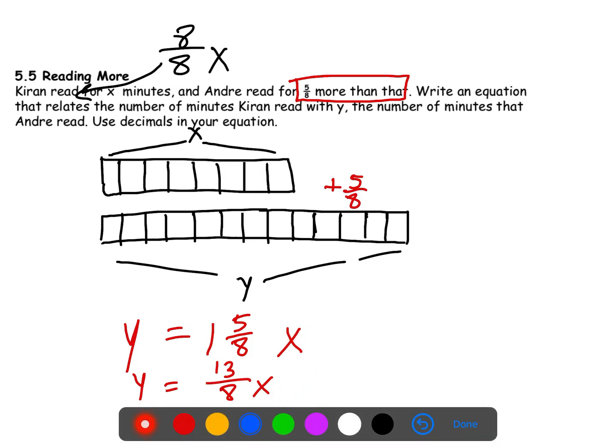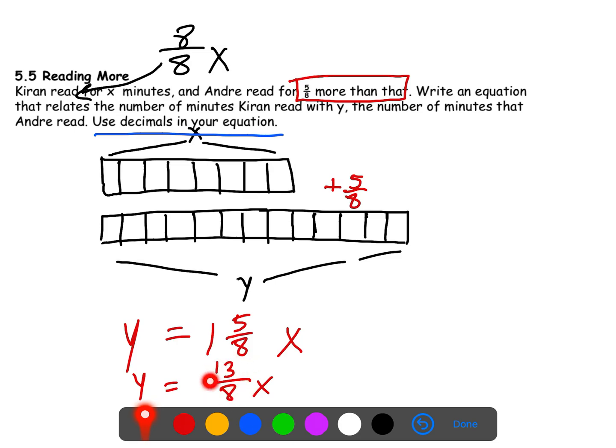The big thing here, though, is it said use decimals in your equation. So we're going to have to bounce back and forth between those. All we've got to do is divide. So we're going to divide 13 by 8 to get that decimal number.